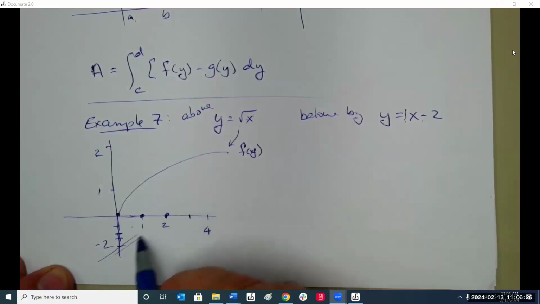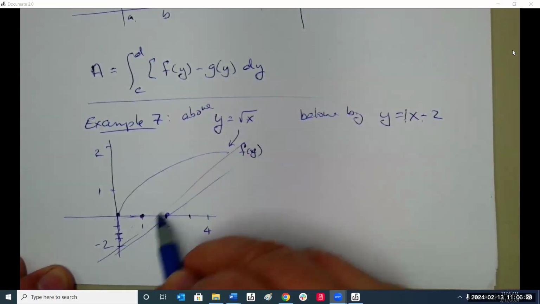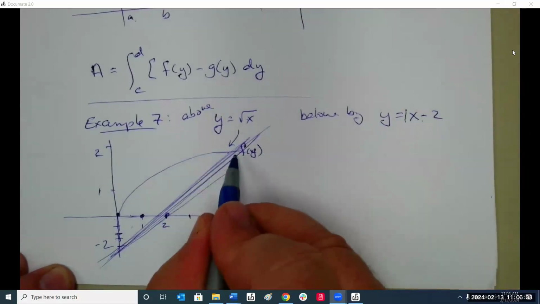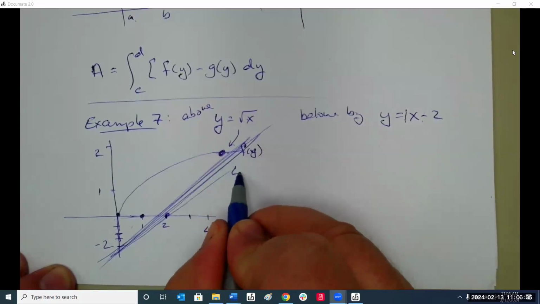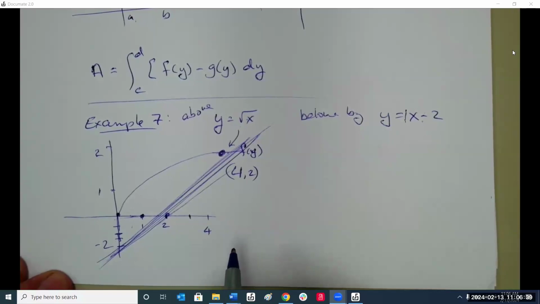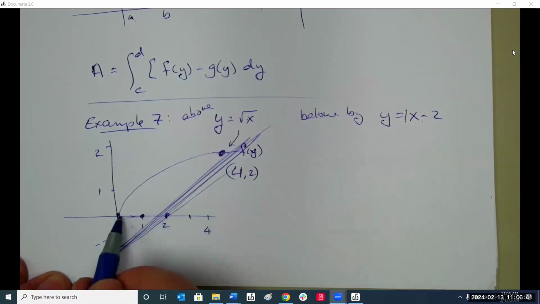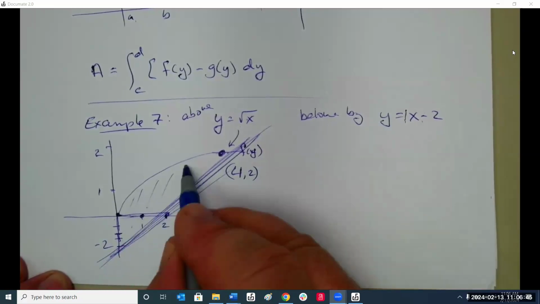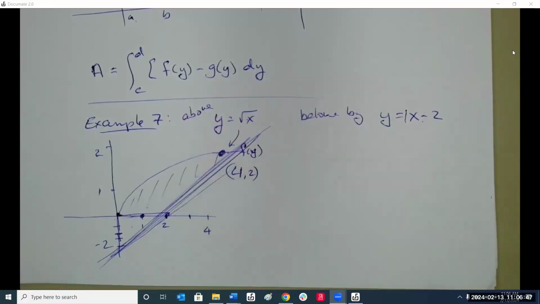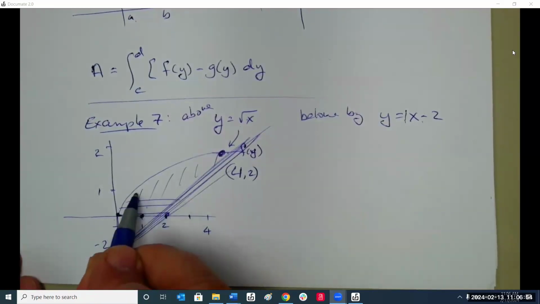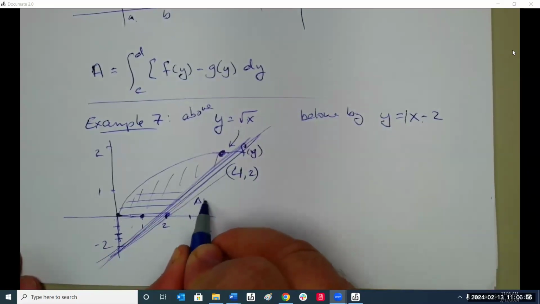So they'll intersect here at 4, 2. We want to know this whole area here. So we're going to get, these are our delta y's.